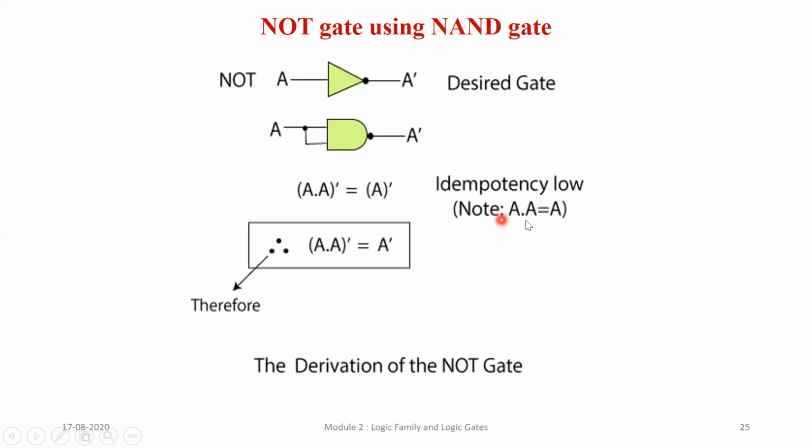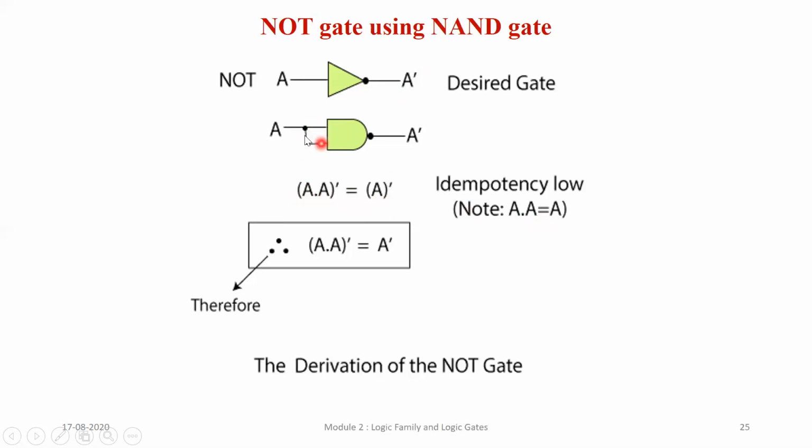So I am taking use of this law that A dot A is A. It's an inverter, so it is a complement function. A dot A complemented is nothing but, inside the bracket A dot A is A, so A complemented. What I do is short both the inputs of the NAND gate.